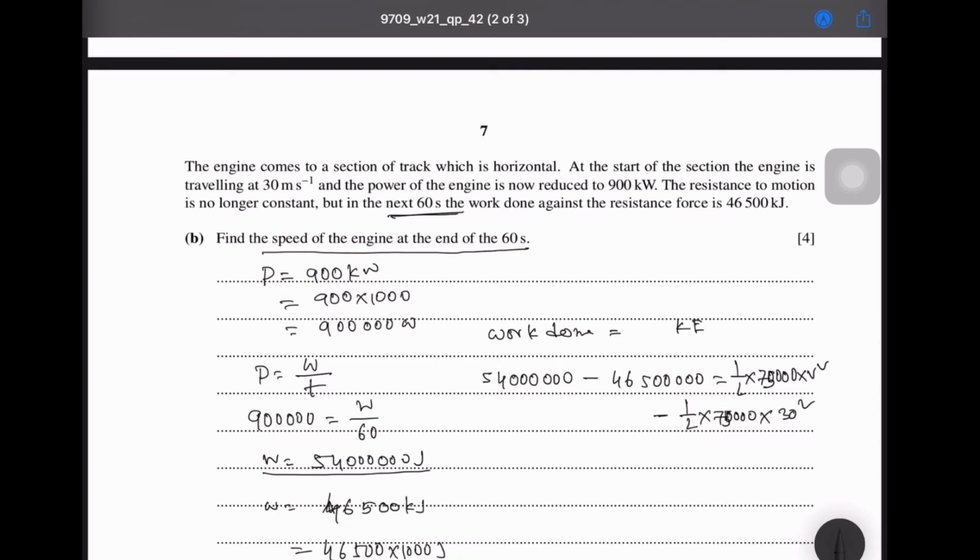So let us simplify to find out the correct answer, though the working you must do.